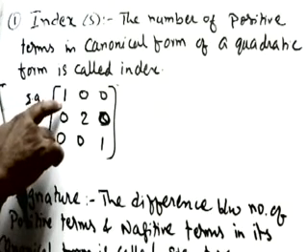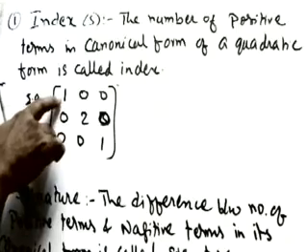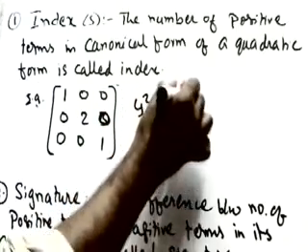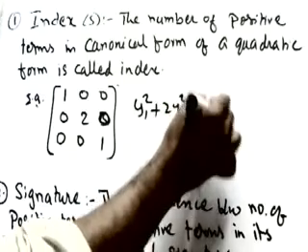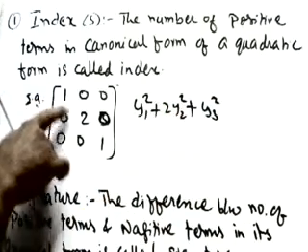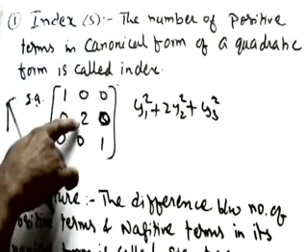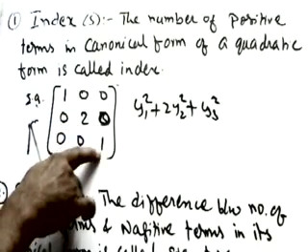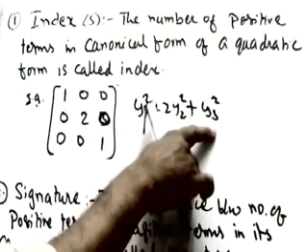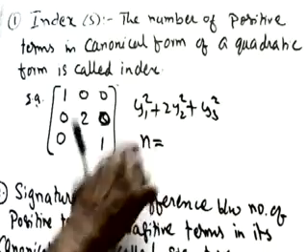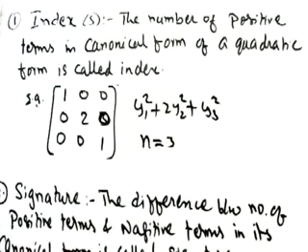I will explain these methods later. Just see here, we apply this with y1, y2, y3: 1 into y1 squared plus 2y2 squared plus y3 squared. These are all positive. Therefore the number of positive terms is called the index. Index is denoted by n equals 3.